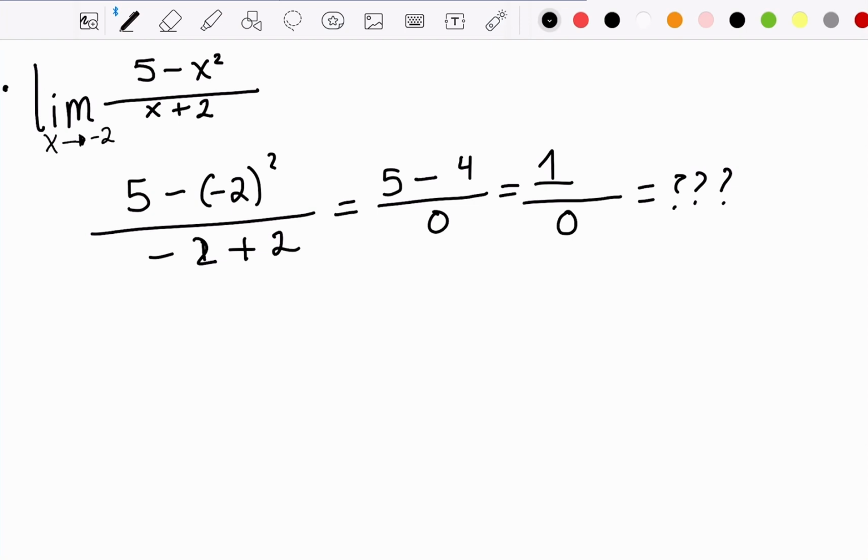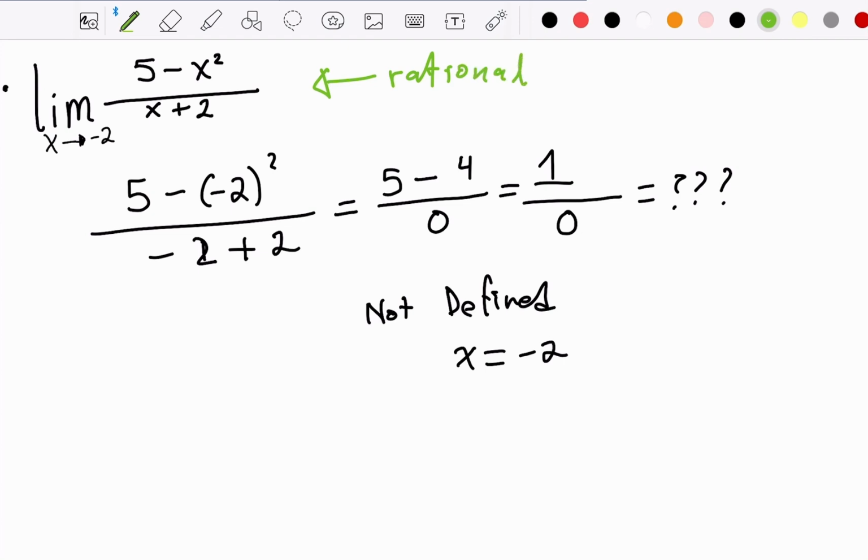What this is telling me is that my function is not defined when x is -2. All right, but because this is a rational function, that means one fraction, what this actually means is that there is a vertical asymptote when x is -2.